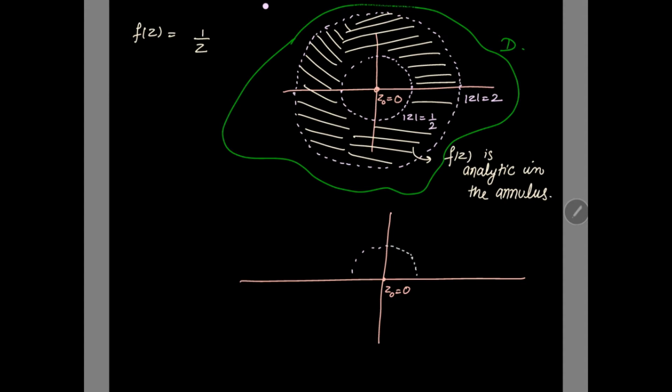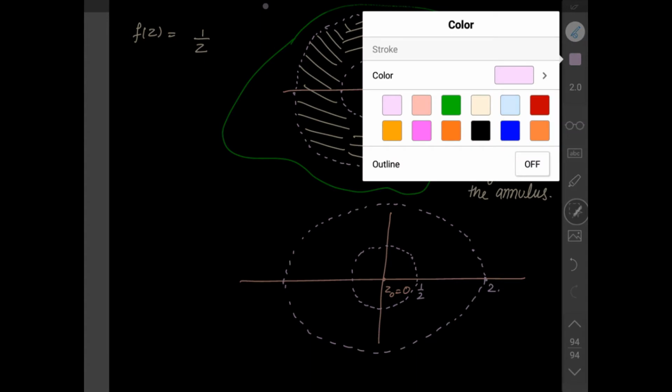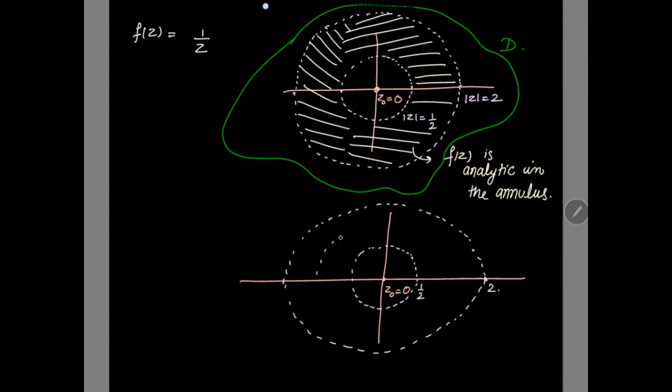This is your first inner circle having the radius 1/2, and this is your outer circle having the radius 2. I'm making a new circle having the radius 1, the blue colored one, mod z is equal to 1.